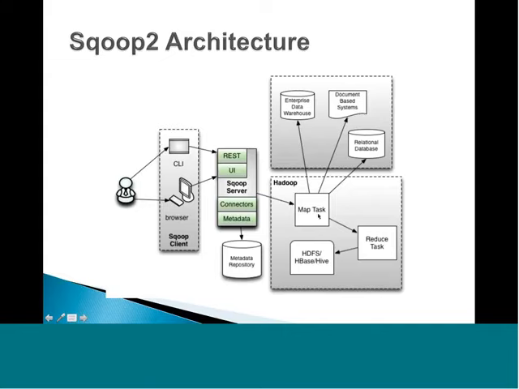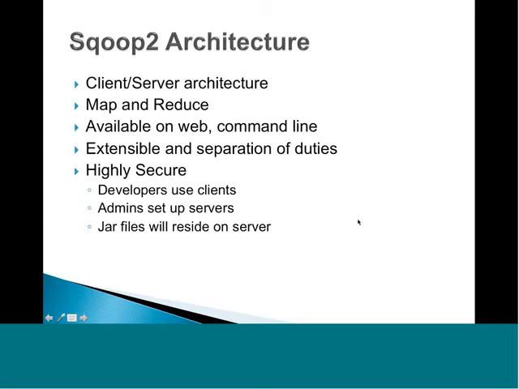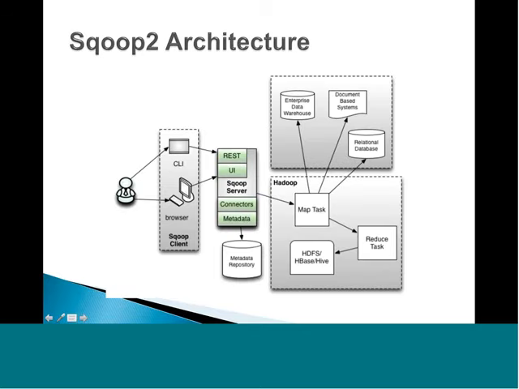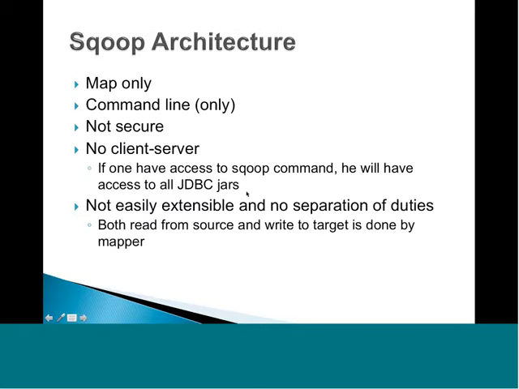So for that reason, administrators need to be aware about the way data is copied between sqoop and sqoop 2. It uses client-server architecture. It uses map and reduce to copy the data, whereas sqoop 1 is map only. It is available on the web because it uses a web server in between. Now you can use Hive or some other web-based tools to actually submit your sqoop jobs, whereas with sqoop 1, it is not possible.